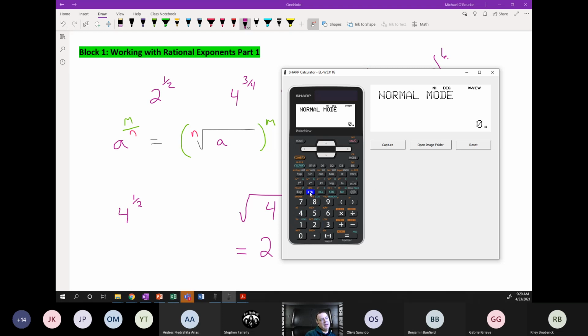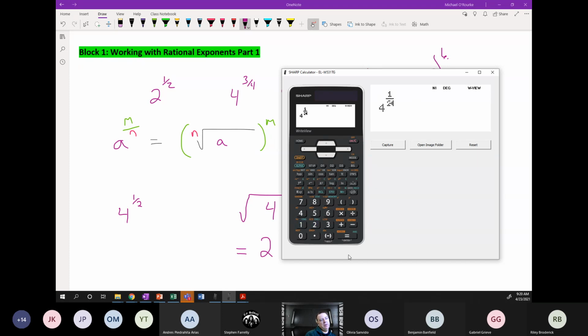So the way we plug this in, I'll do it on this calculator first, and then on the iPhone calculator. I go 4, then I use to the power, which is that y to the x button. And on this calculator, it has a fraction button here. I'll go 1/2.